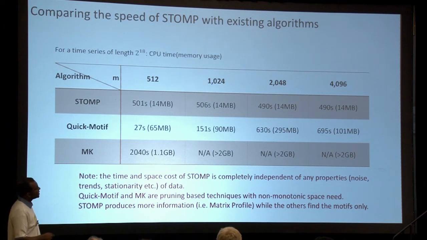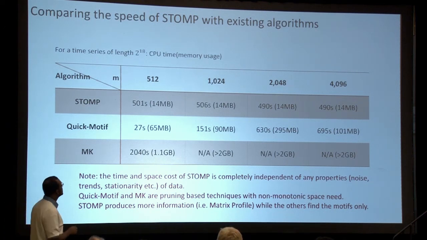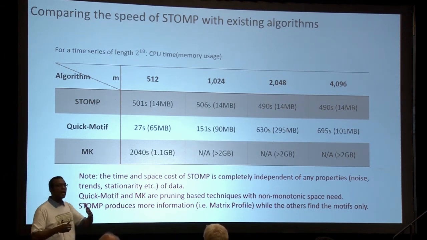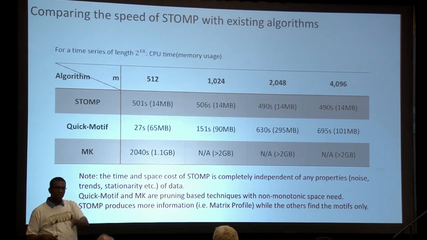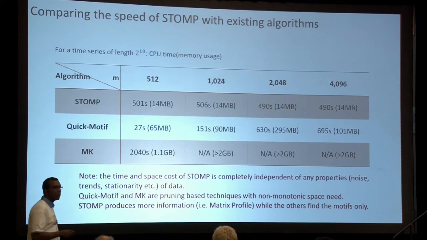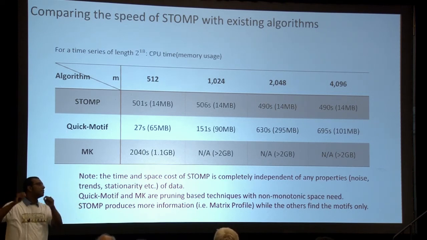The only thing that we should also mention is that here, for example, you may say that it uses more space, but it gives you fast results. But what results? STOMP produces the full matrix profile. So you can ask, what is the first motif, then second motif, then third motif, and so on. But Quick Motif is only for a given number of motifs.